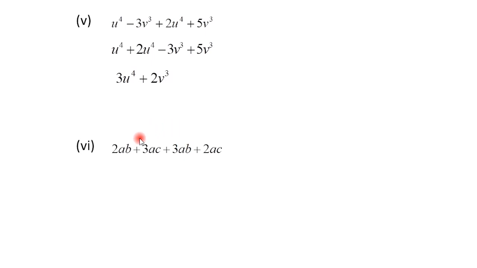Again, you bring forward the 3ab to group with the 2ab, while the 3ac and the 2ac can come after. Like for this example, 2ab plus 3ab plus 3ac plus 2ac. So now 2 plus 3 gives you 5, and you've got a 5ab and a 5ac. There it is, 5ab plus 5ac.